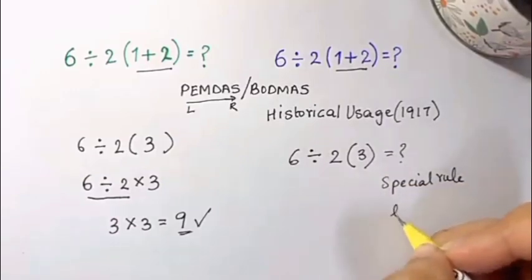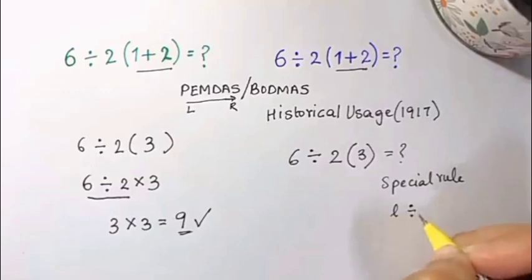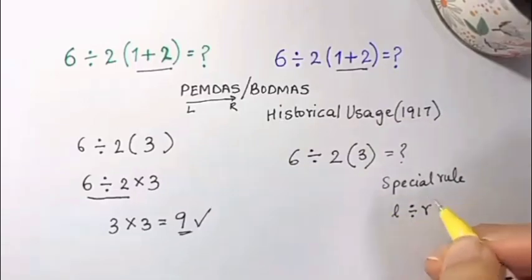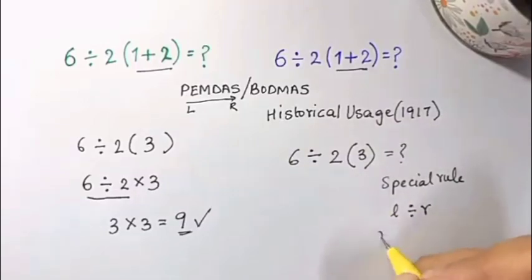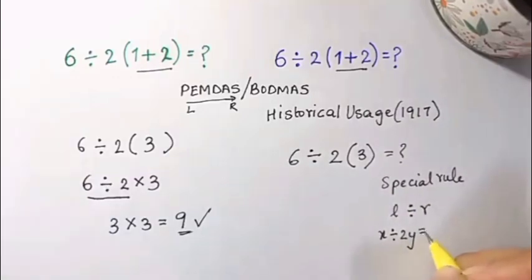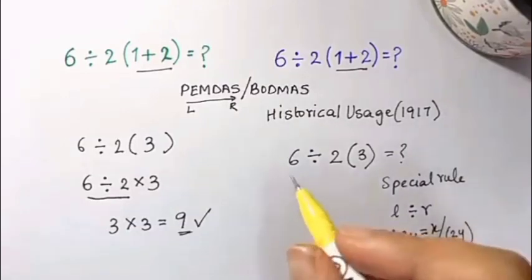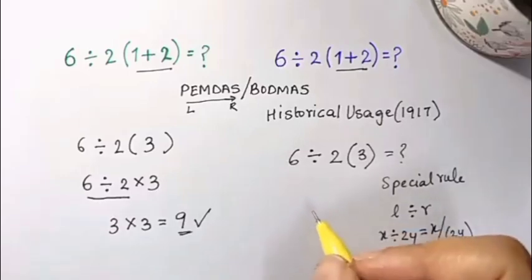The entire product on the left is divided by the entire product on the right. So for example, if a textbook wrote something like x divided by 2y, that's equal to x over the product of the denominator, that's parenthesis 2y. So under this special usage, which is an exception to the order of operations, and we don't use it anymore.